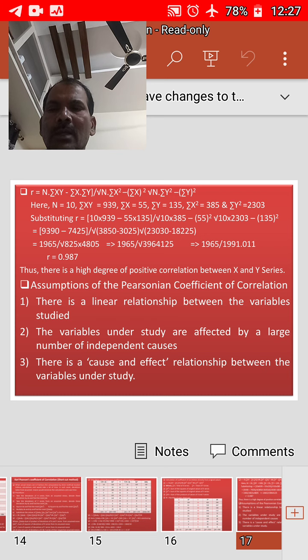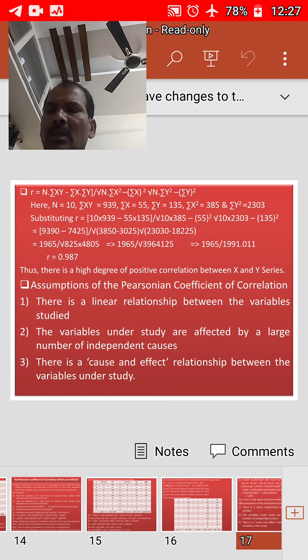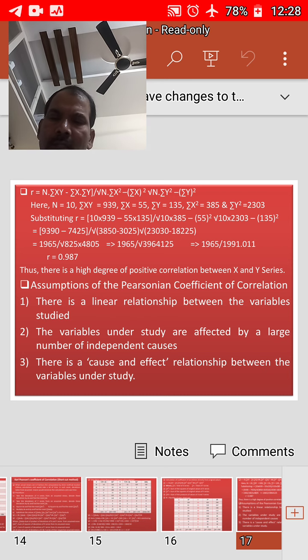If you multiply these, 825 into 4,805, it is 39 lakhs 64,125. So we have 1965 by under root 39 lakh 64,125, which is 1965 by 1991.099, and that gives r equal to 0.987.